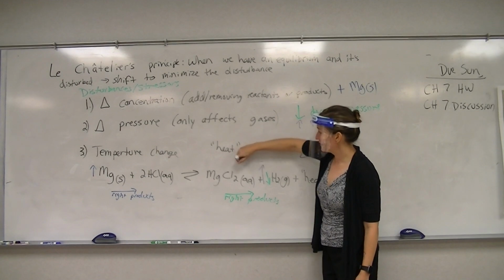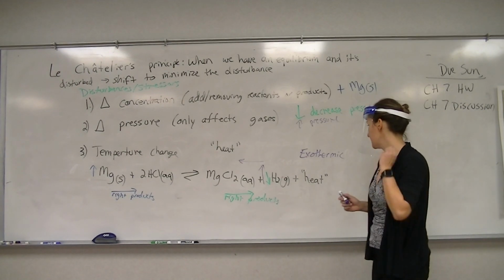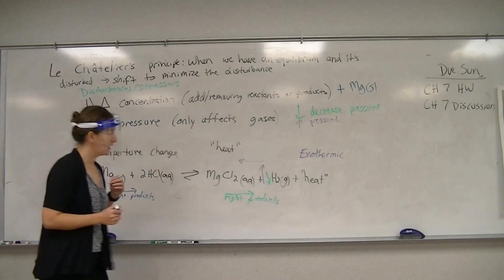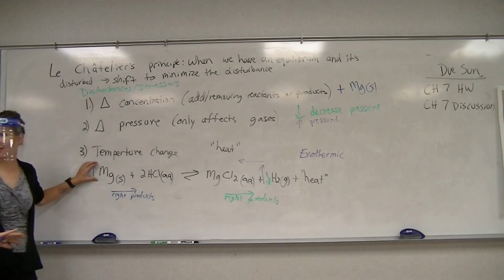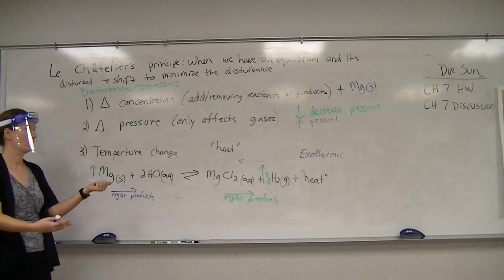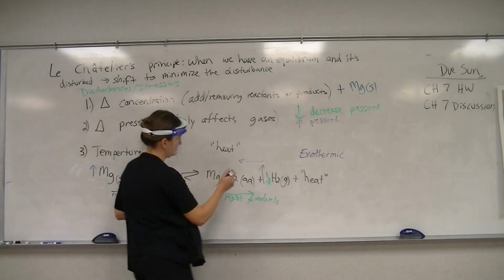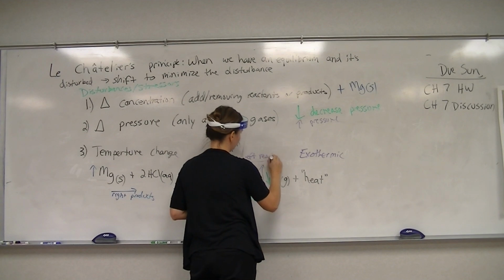You have to go the opposite direction. So a good side note would be, if you add extra, it's going to shift away from where you added to get rid of it. If you took away, it's going to shift towards what you took. So this one would be left towards reactants.